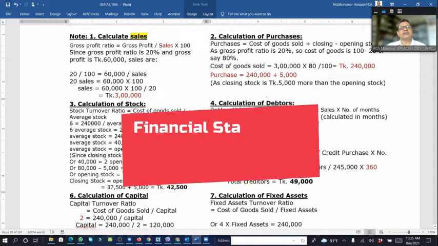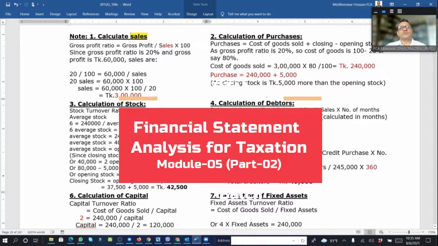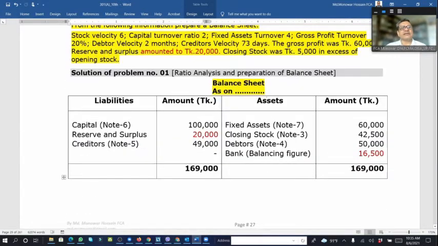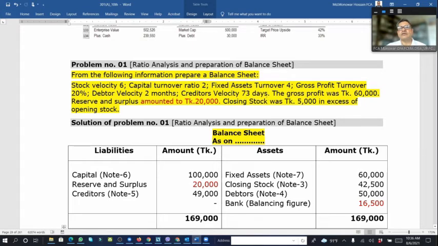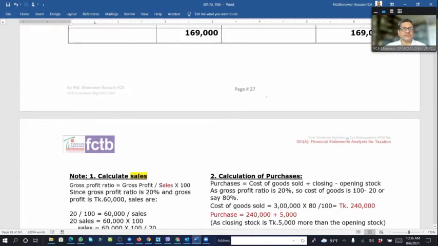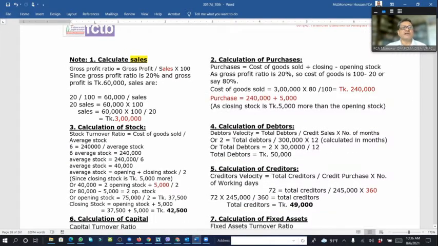How would the sale be found? Here the gross profit ratio is saying 20%, mentioned here. How can we calculate it?